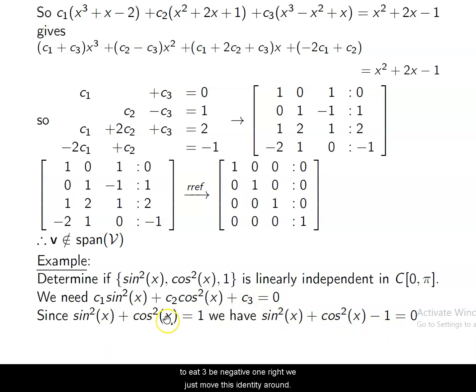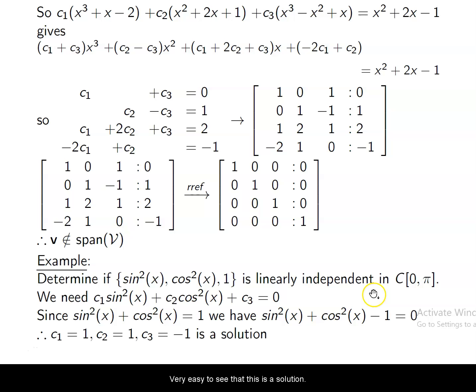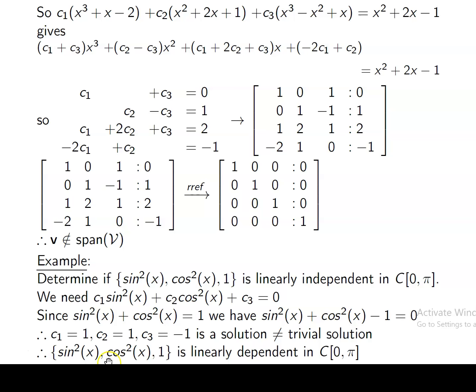We just move this identity around. It's very easy to see that this is a solution. And the solution that we do have is not the trivial solution, okay? And since this is not the trivial solution, that means that we are linearly dependent in this vector space.